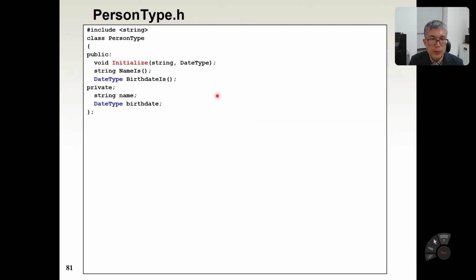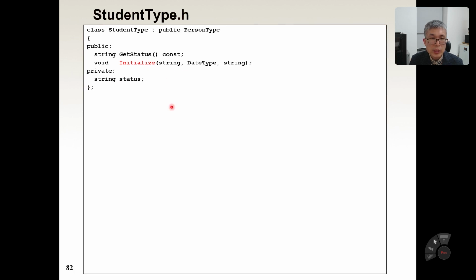Okay, let's move on. Person type code. So the person type, okay, so initialize, the name and the birth date, and the date type we saw in the previous code review. And then in the person case, name and birth date are the important properties. And then we make a new derived class, student type, from person type.